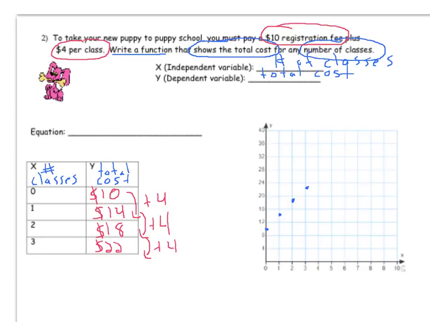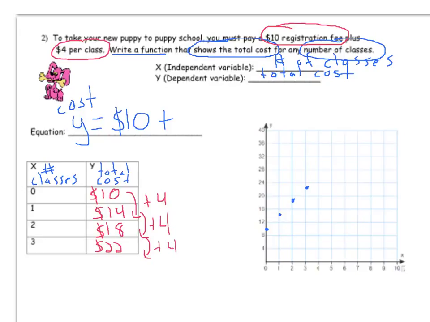So we start our equation with y equals. Again, what does y represent? It's our total cost. Now, how are we going to represent our total cost in this case? When writing an equation, the first thing we want to think about is is there a flat fee or a certain rate or a certain starting amount that occurred? In this case, we start out having a $10 fee. So we're going to write that first.